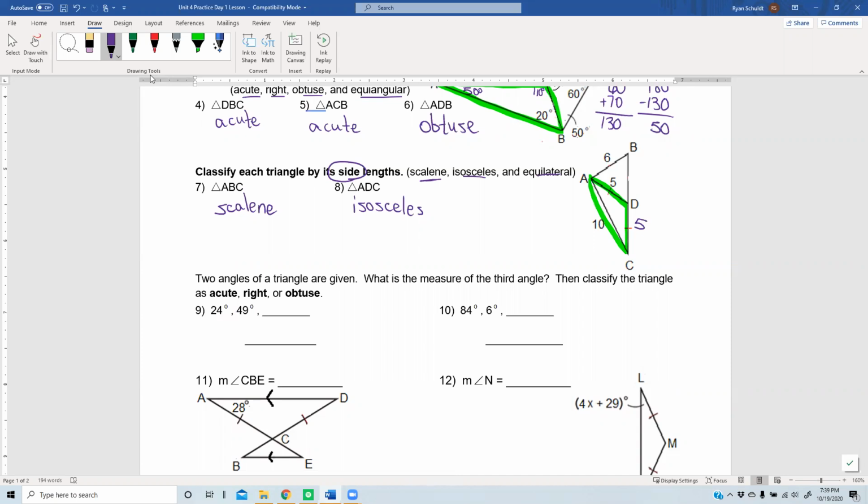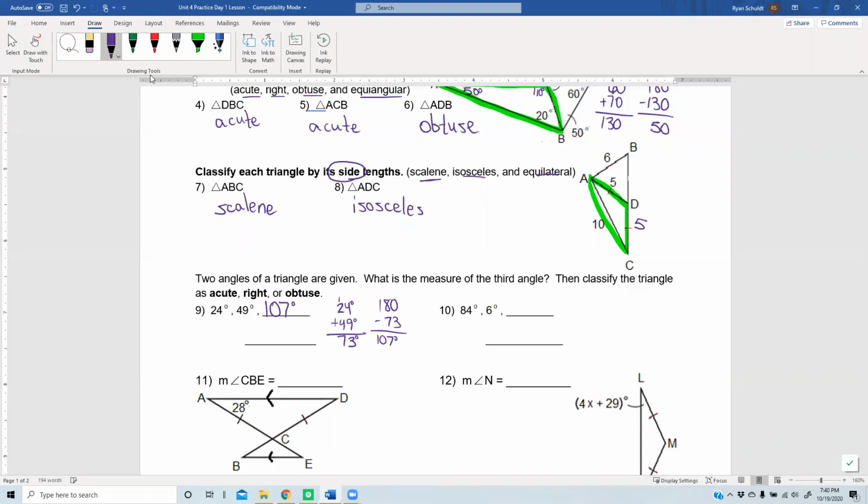So let's do that. 24 plus 49, that's going to be 13, carry your 1, 73 degrees. And then subtract that from 180. So 107 degrees.